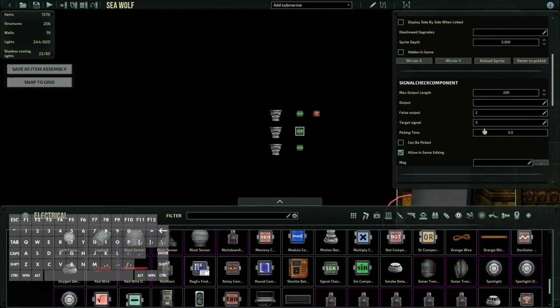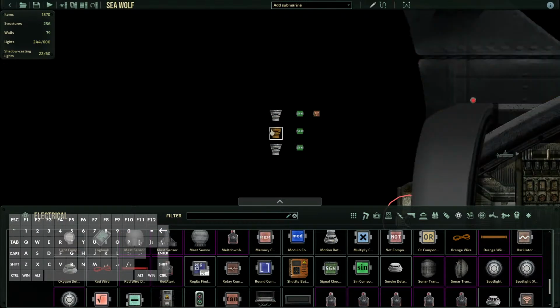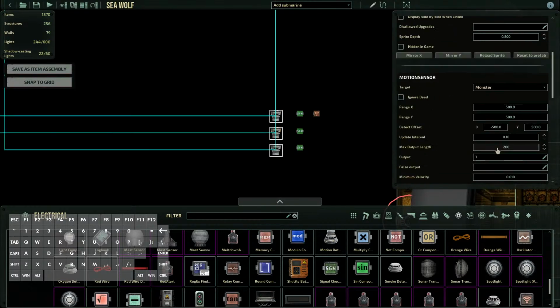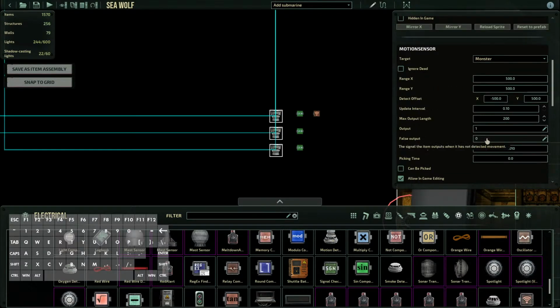I'm going to leave you guys hanging. What I want you guys to think about is what I'm doing here. This target signal is 0. We're going to set these here to all produce a 1 and a 0.